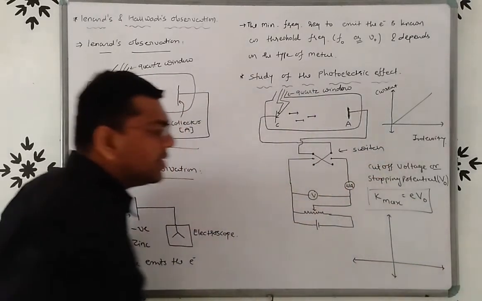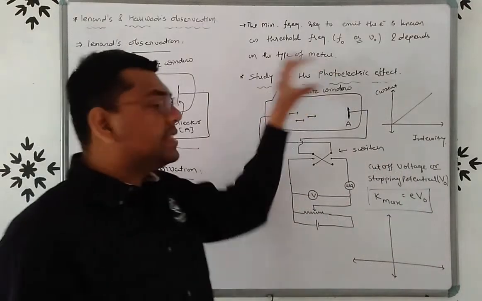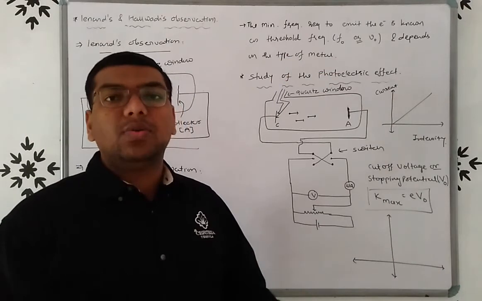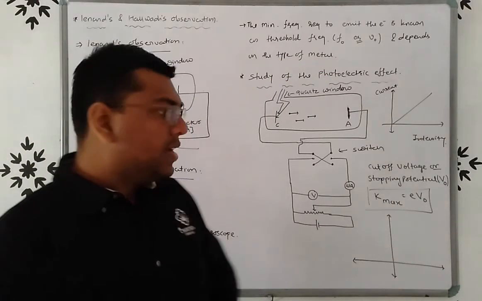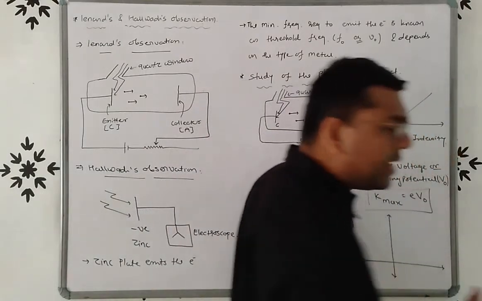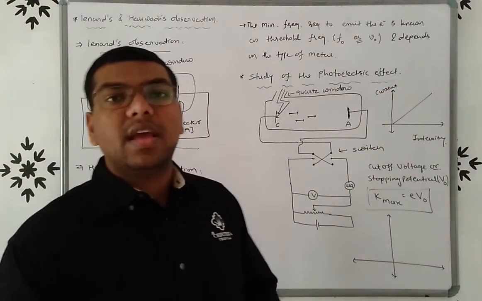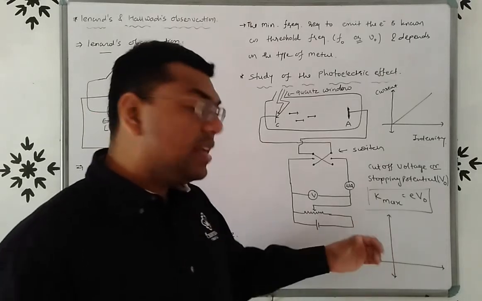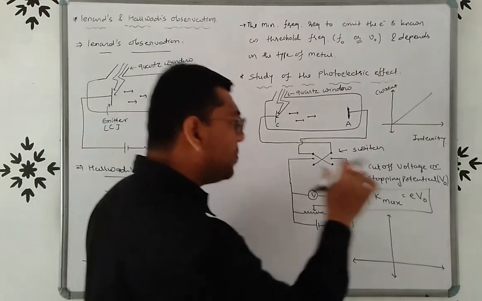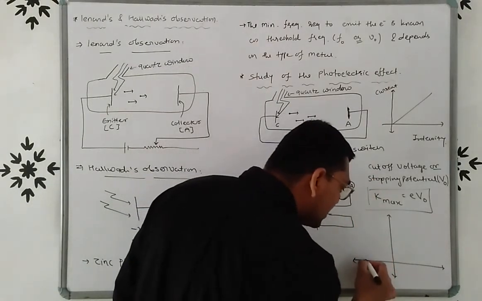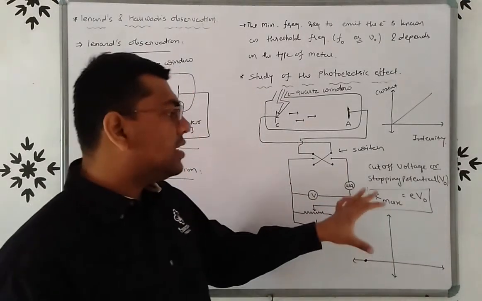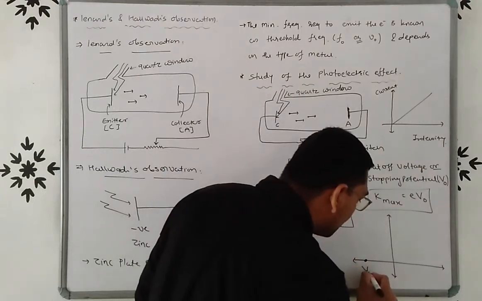If we increase the intensity from I1, I2, I3, different intensities, then there is no change in the potential, right? The stopping potential will remain the same. If we change the intensity, there is no change in the stopping potential.